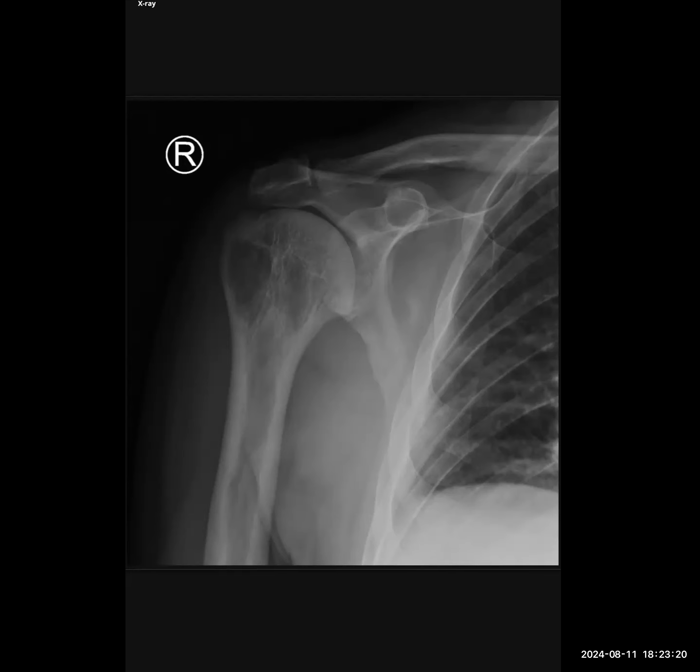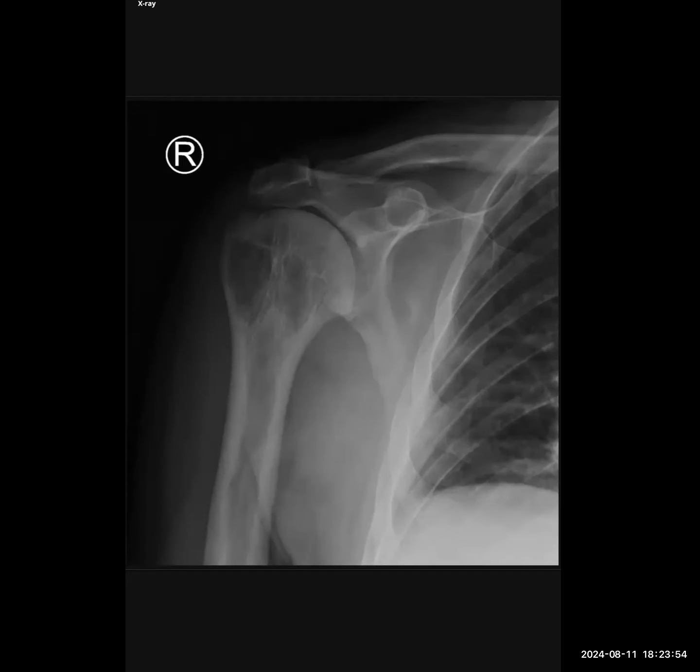Other than that, regarding this lytic area, it could be a chondroblastoma in the area of the physis of the greater tuberosity of the humerus. Do you see anything suggestive of chondroblastoma here? Just an area of lysis in the greater tuberosity, a well-defined area. What else do you expect to see in a chondroblastoma?